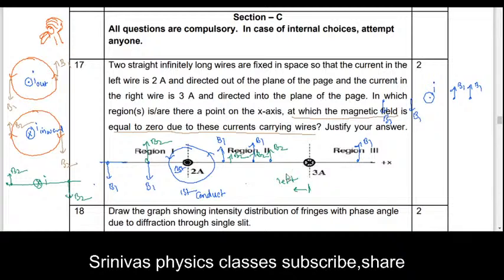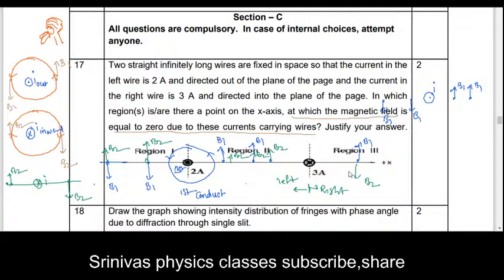For this conductor, the left side is this one, the right side is this one. Left side upward, and right side downward.